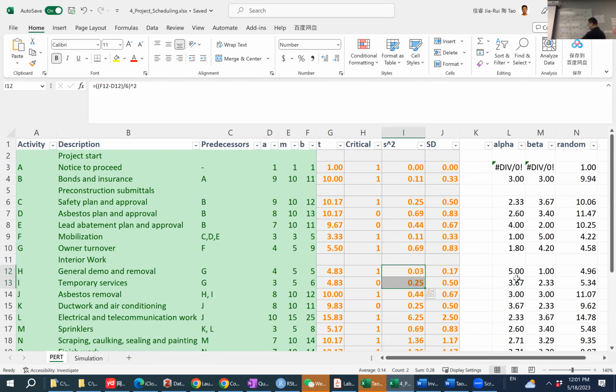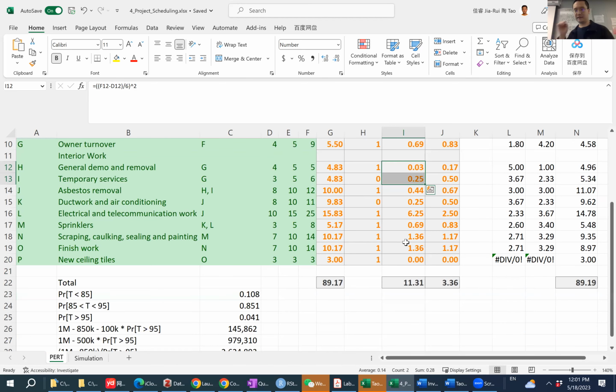Instead, between C and D and H and I, there are 4 possible choices, so you can possibly get 4 different variants. Now you should understand how we can calculate the total duration and variance if we have branching structures, and also if we encounter activities with the same expected duration.